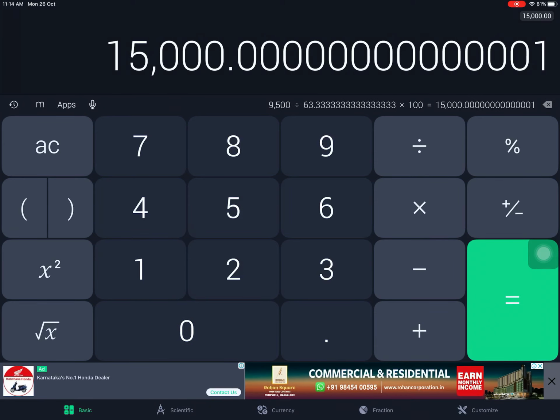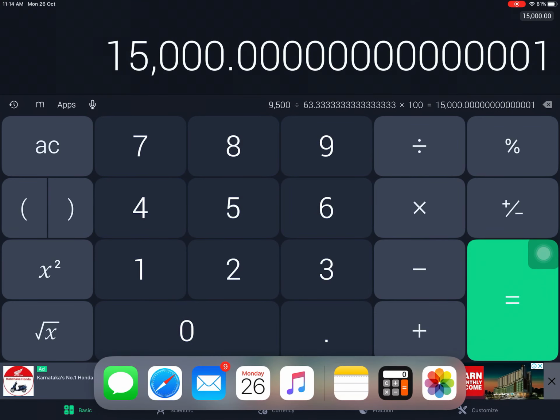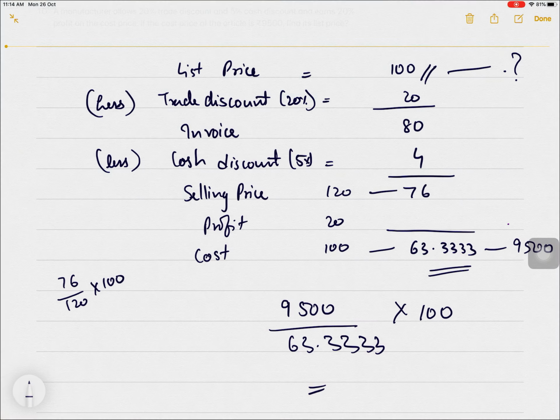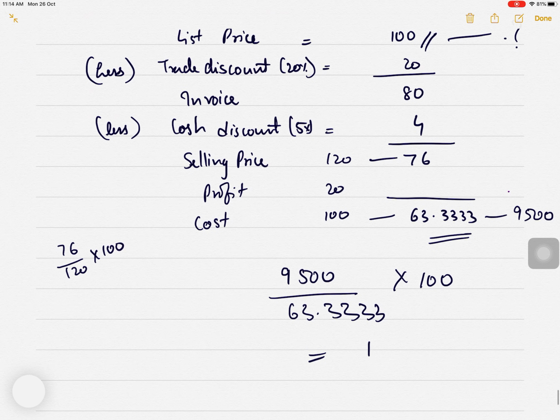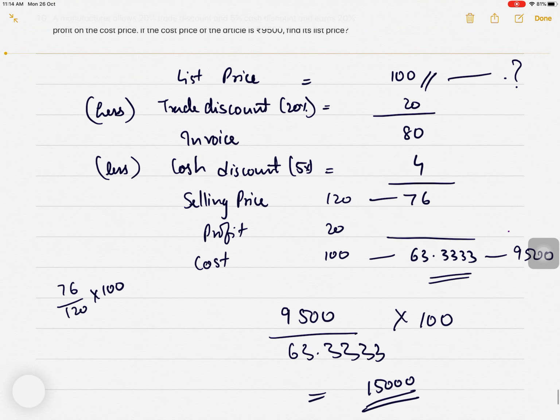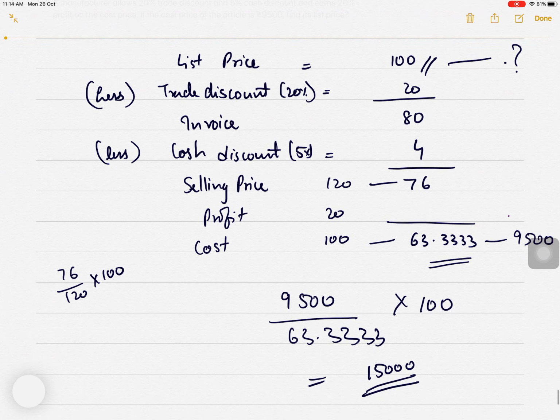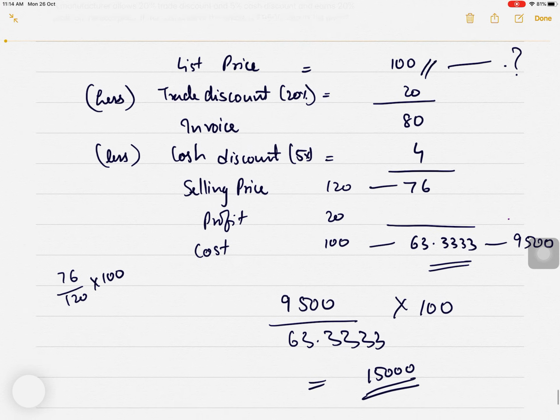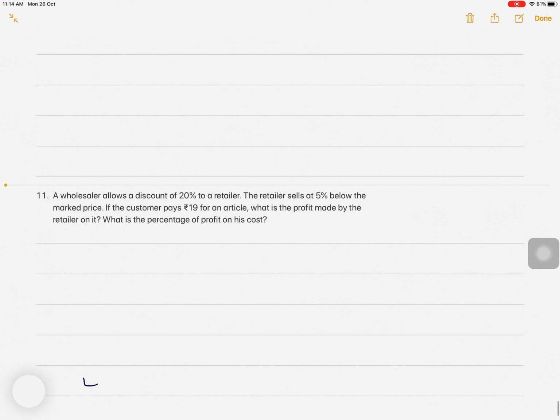So it comes to 15,000, which is 15,000. So the list price is 15,000. Got it? Let's see the next question.